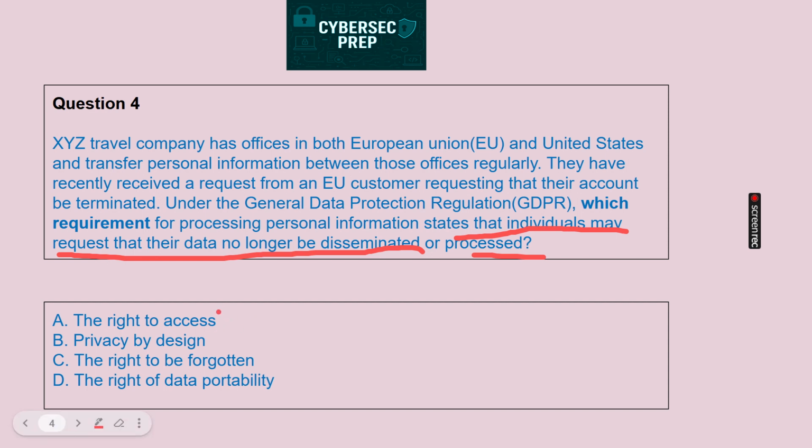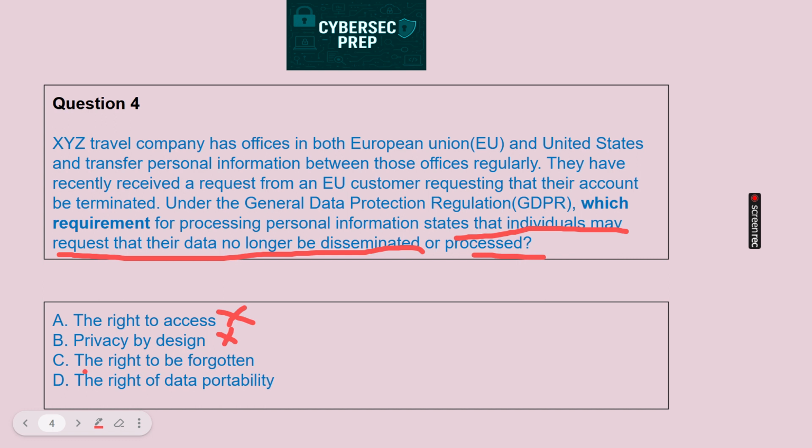So this is not a correct option. Option number B, privacy by design. Privacy by design is not an individual right as such. This is more of a proactive approach to ensure that privacy risks are identified in a solution or a product before they are developed. So it is also not a right option.